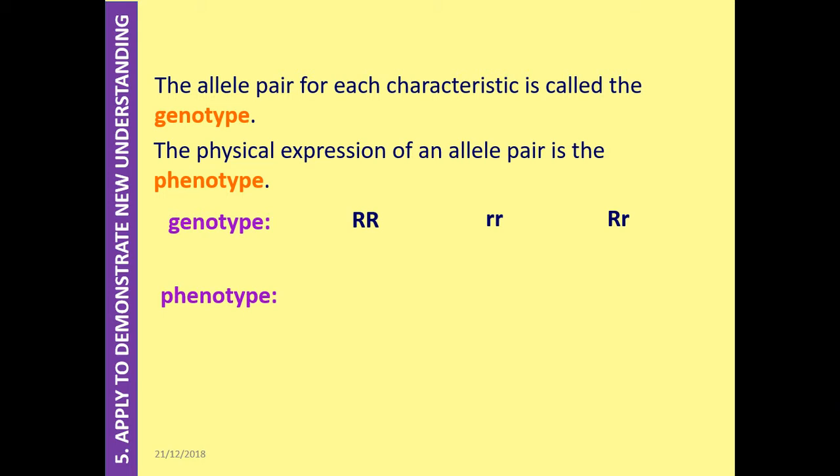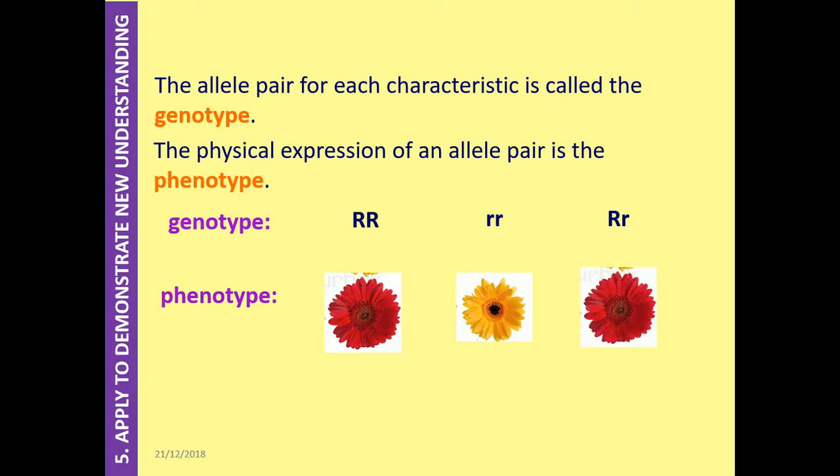So our genotype is big R, big R. So what we will physically see in the plant is red petals. Our genotype is little r, little r. What we will physically see is yellow petals. And then our final genotype pairing is big R, little r. And because the red is dominant over the yellow, the phenotype that we will see is red petals.